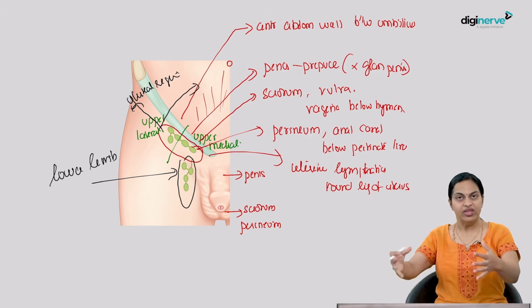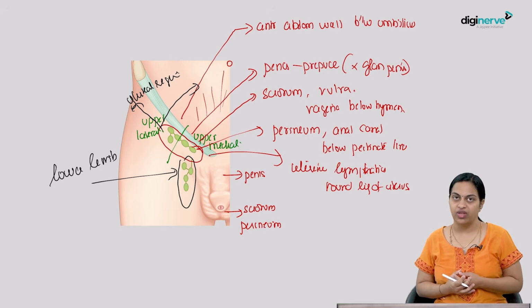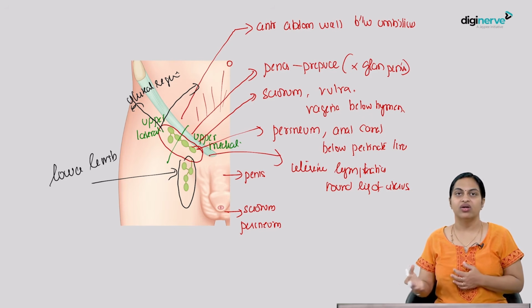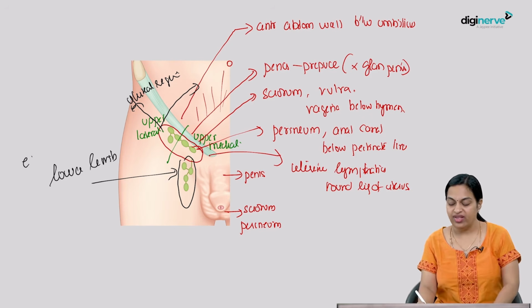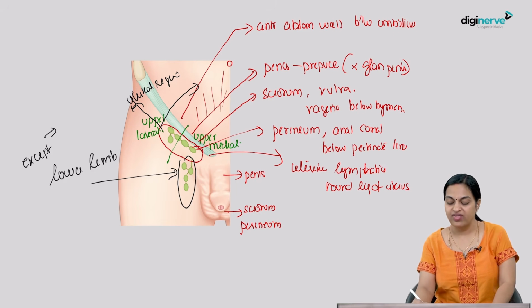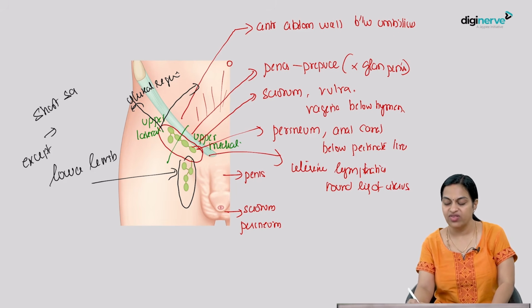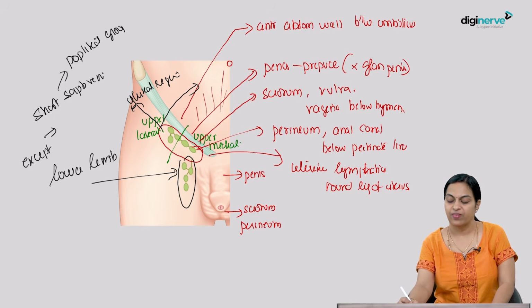So all the superficial lymphatics from the lower limb that accompany the great saphenous vein will open into the lower vertical group, except those lymphatics that accompany the short saphenous vein, which drain into the popliteal group of lymph nodes.